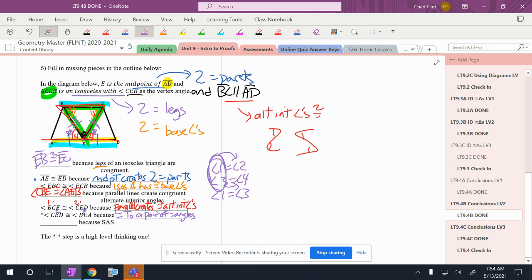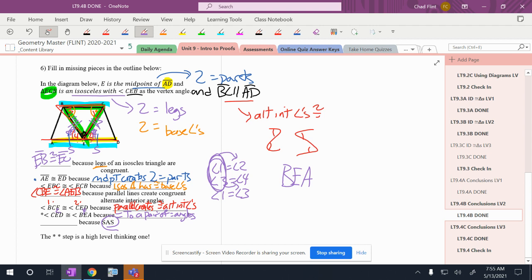I now have a pair of sides, a second pair of sides, and a pair of angles. So when I look at that, it's side, angle, side because the angle's in the middle. So let's line my letters up. So let's go BEA. So triangle BEA. It looks like B matches up with C, but I don't know that for sure.